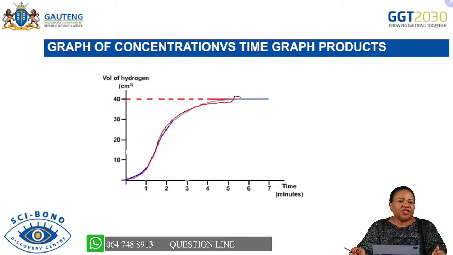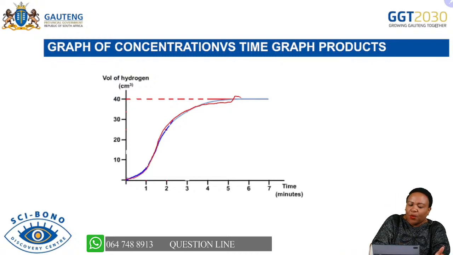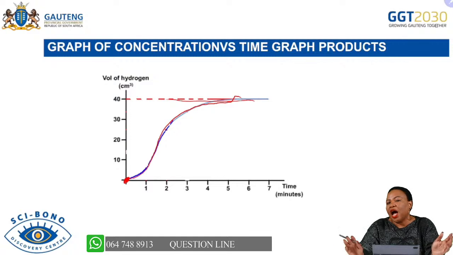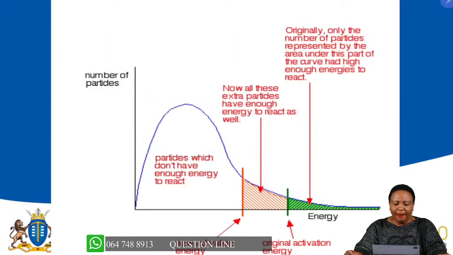You need to be able to interpret what happens to the reactants and to the product as the reaction proceeds. That is why the product starts from 0, with no product, and increases up to where the reaction stops, where you have the maximum amount of product formed for that specific reaction.